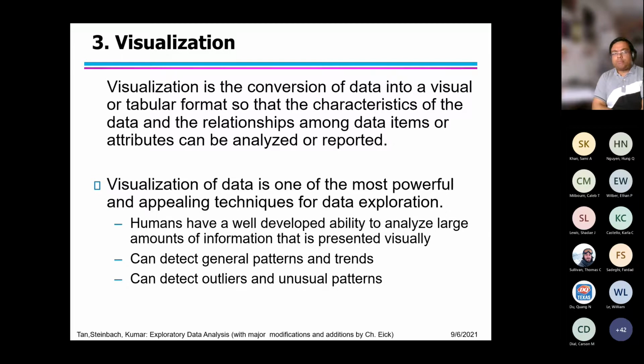But the major reason visualizing data at the exploratory data analysis step is so important is that we as humans are really good pattern recognition machines. Even the most powerful DALL-E or whatever AI that OpenAI is developing is not as good as us at detecting patterns within the data.